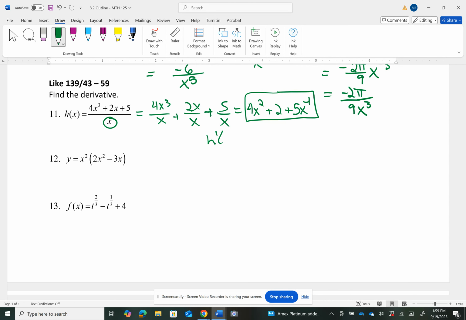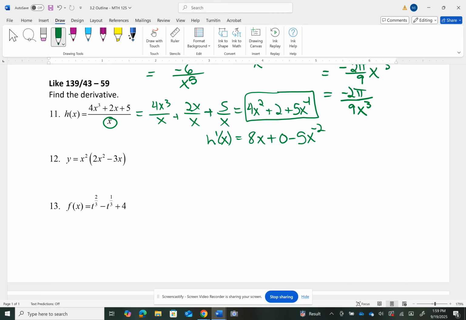Now you can come in and do the derivative, and you'd get a 4x squared, you'd get an 8x plus a 0, and then negative 1 times 5 would be negative 5x to the negative 2 power. Now you will want to go ahead and get rid of the negative exponent and clean that up a little bit.